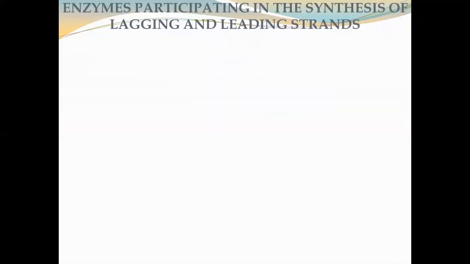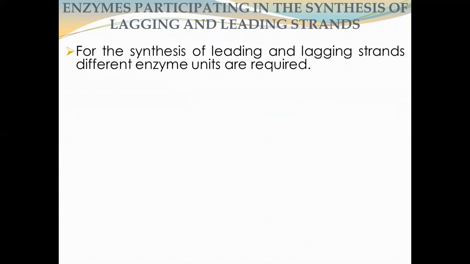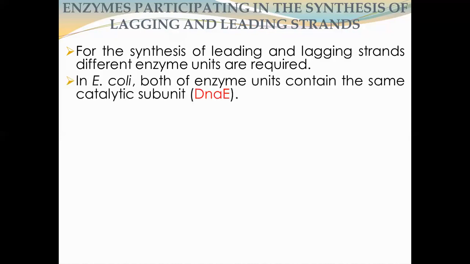Different enzymes participate in the synthesis of lagging and leading DNA strands. For the synthesis of leading and lagging strands, different enzyme units are required. In the case of the bacteria Escherichia coli, both enzyme units contain the same catalytic subunit, DNAE.